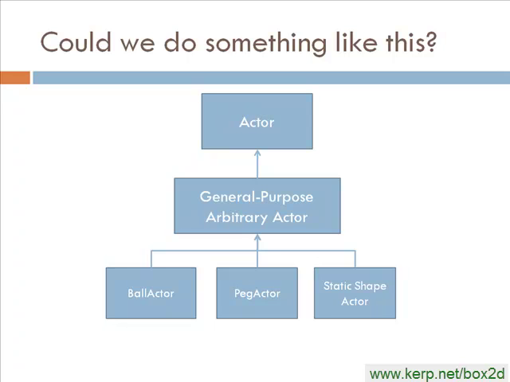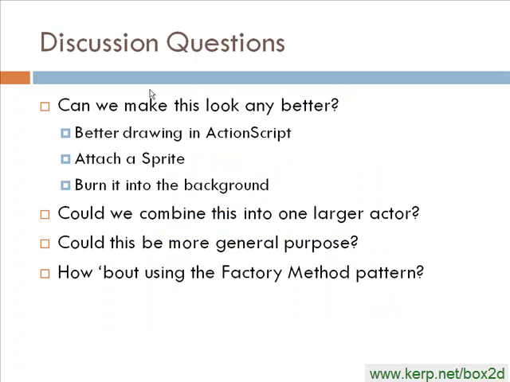On a somewhat related topic, question number 4 is, how about using the factory method pattern for some of this? Could we do it? I think the answer is yes. It certainly seems like there's probably things here we should be abstracting or encapsulating away to either a factory method pattern or maybe a simple factory.